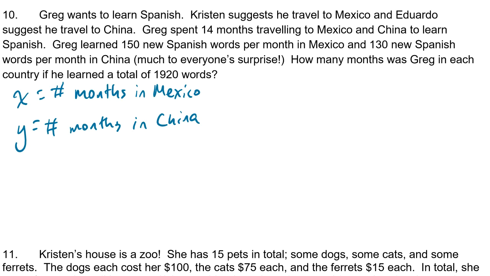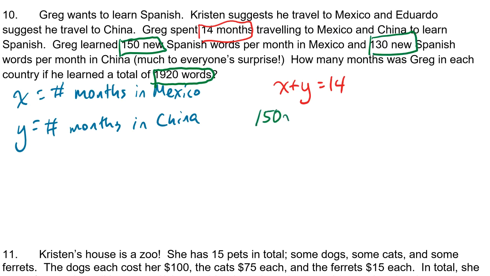All right, so we know that he spent 14 months, so x plus y equals 14. And for the total number of words, we just know that he had 150 per month in Mexico and 130 in China. So 150x plus 130y equals 1,920.